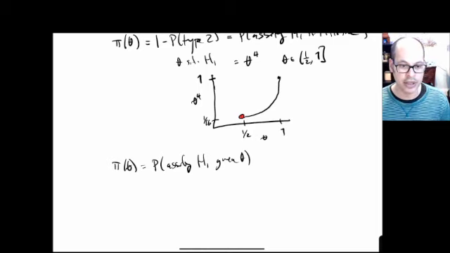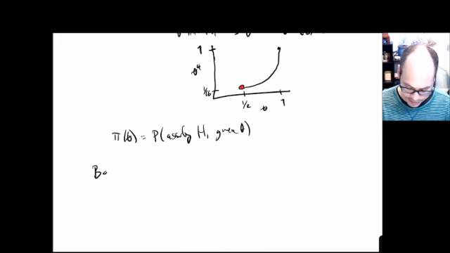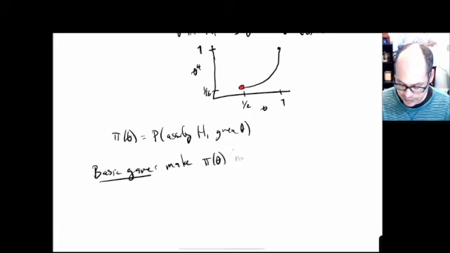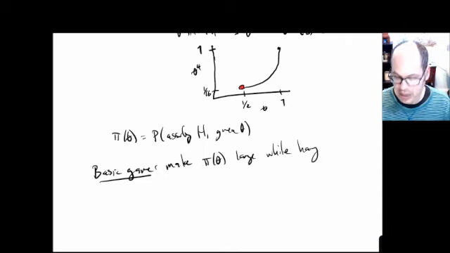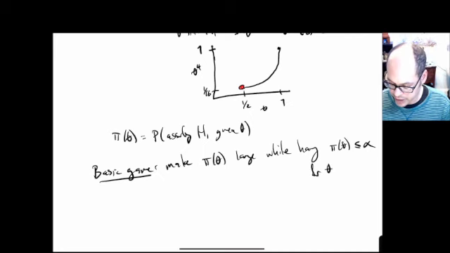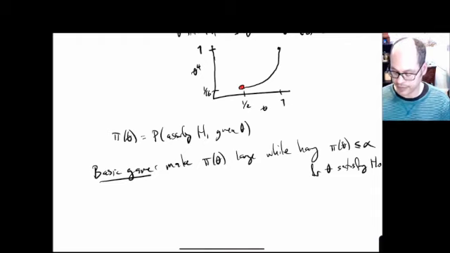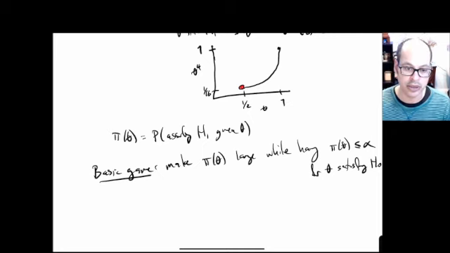So the basic game is make pi of theta large while having pi of theta no more than alpha for theta satisfying the null hypothesis. So we want to have a probability less than or equal to alpha of rejecting the null hypothesis in the case that we are in a situation where the null hypothesis could be true.